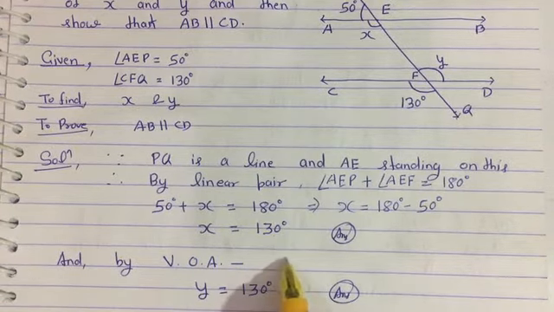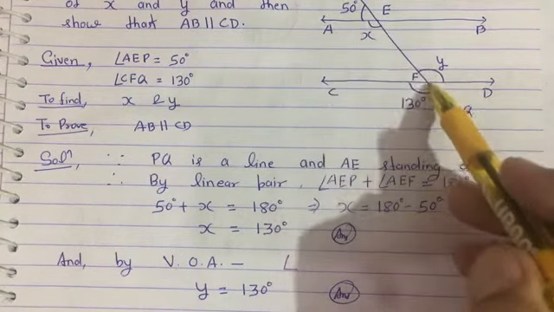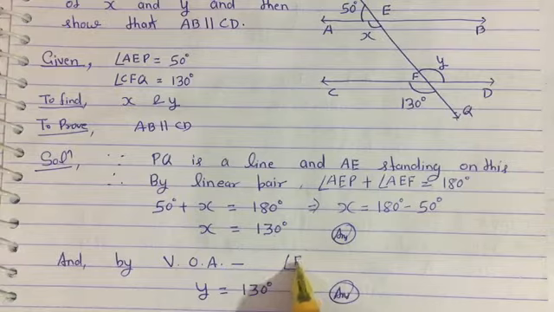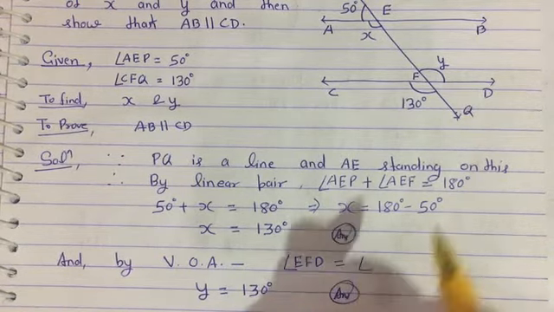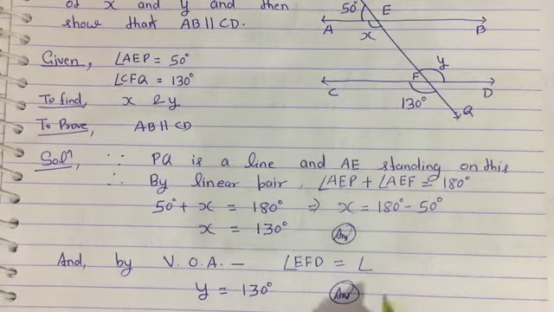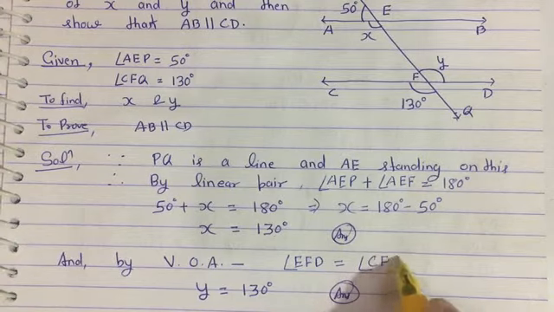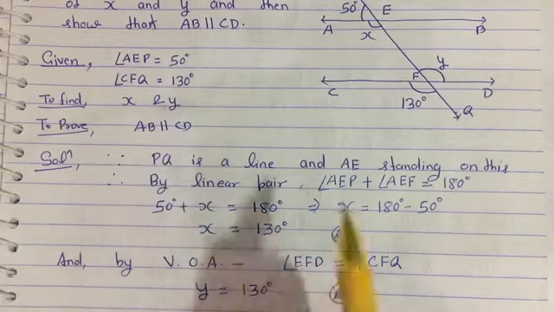Even you can write angle y is named as angle EFD. Angle EFD is equal to 130 degree, which is equal to what angle? Angle CFQ. Okay, so now you can write in place of angle EFD y and in place of angle CFQ 130. So y is equal to 130 degree. This is your second answer, the value of y.